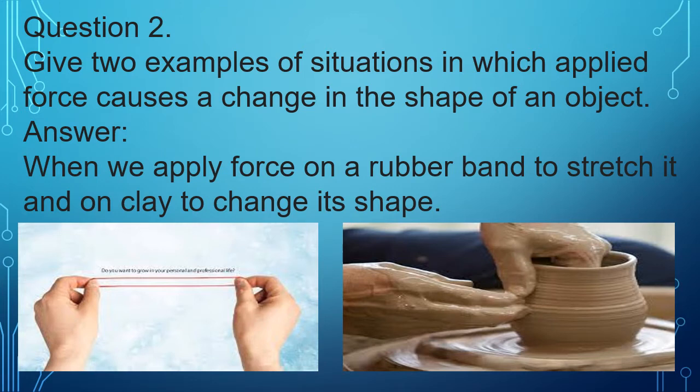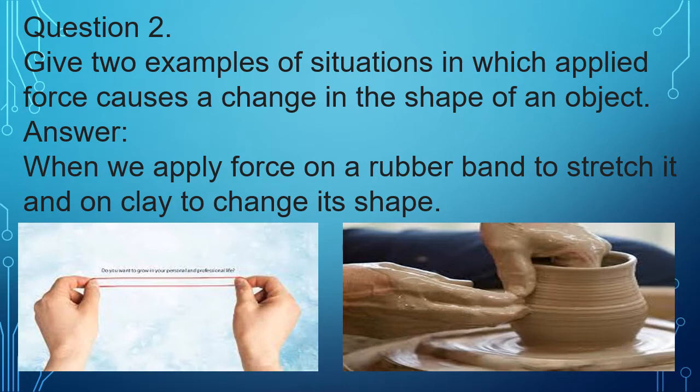Dear children, here is the second question. Give two examples of situations in which applied force causes a change in the shape of an object. The answer for that is, when we apply force on a rubber band to stretch it.